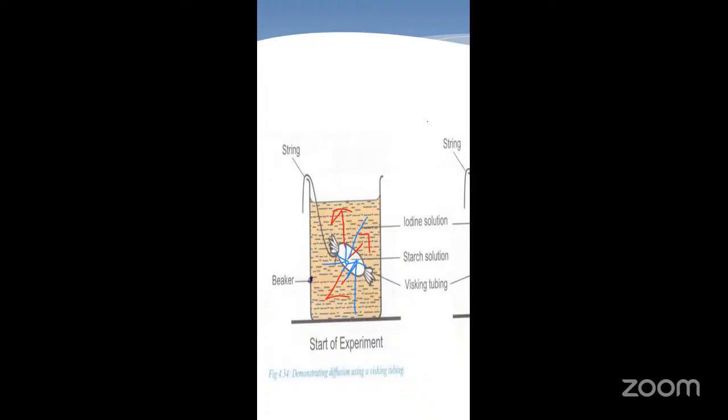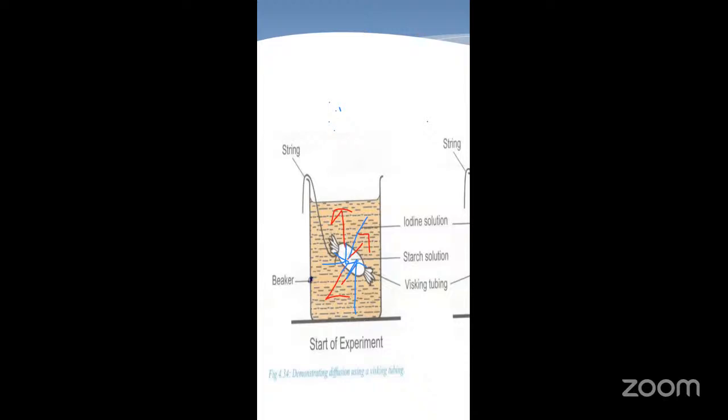Now let me tell you what moves. It is the iodine that moves from the beaker into the whisking tubing because the molecules of iodine are very small, smaller than the whisking tubing poles. But for starch solution, the molecules of starch are so big haziwezi zikapitia through the whisking tubing.